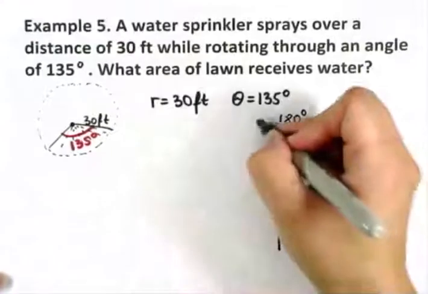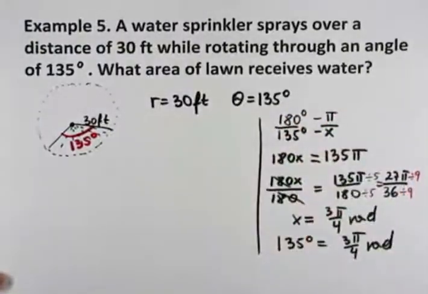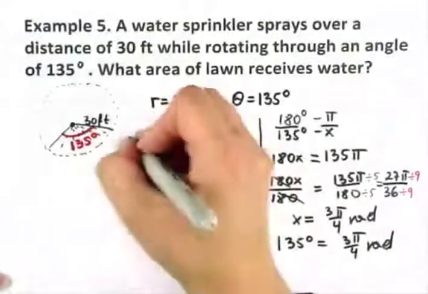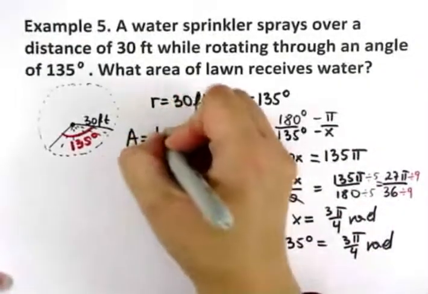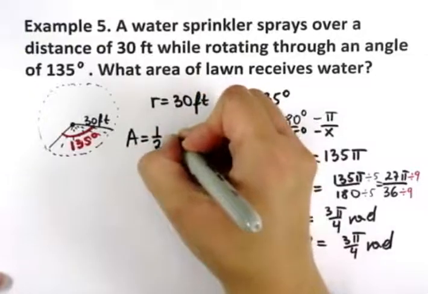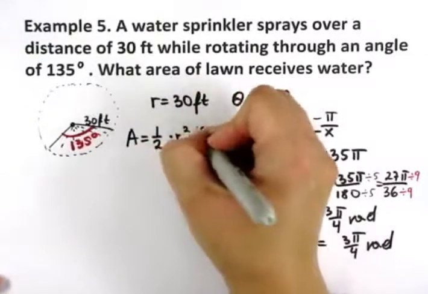Now I can apply the area of the sector formula: 1/2 times r squared times theta.